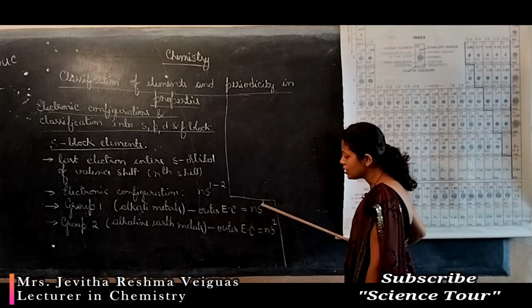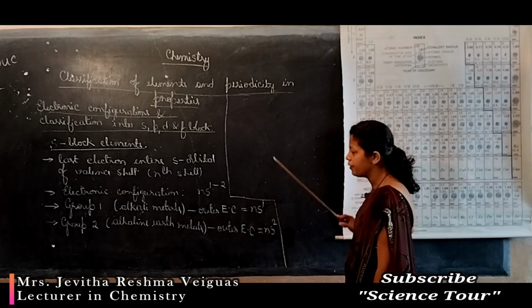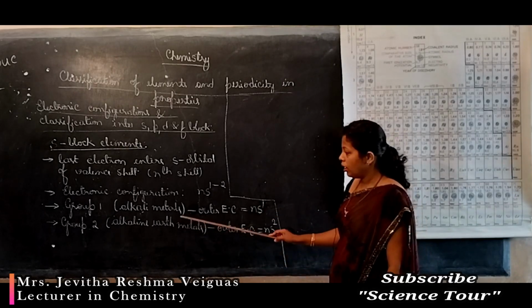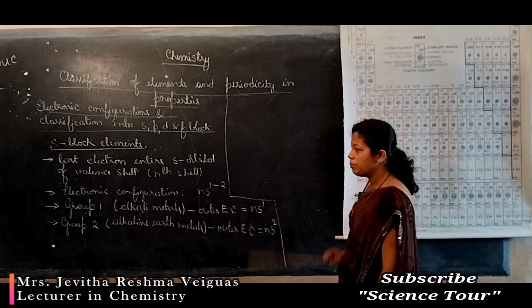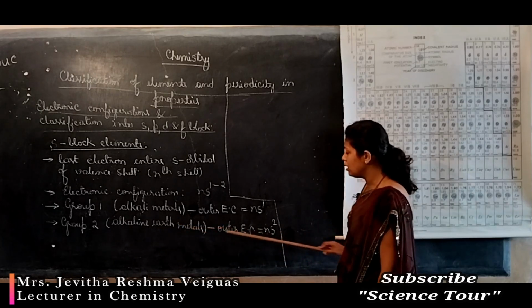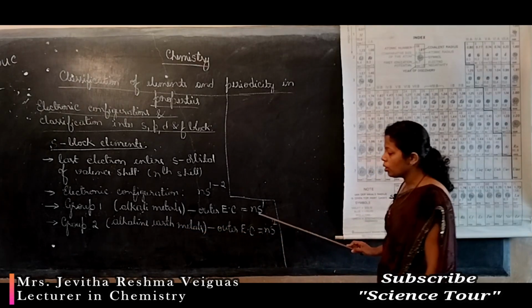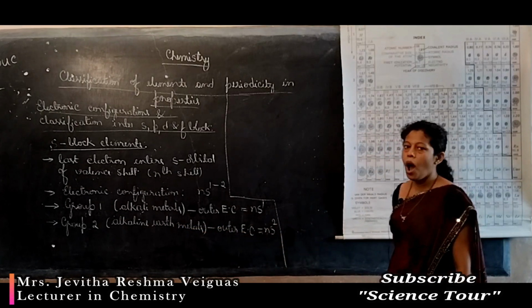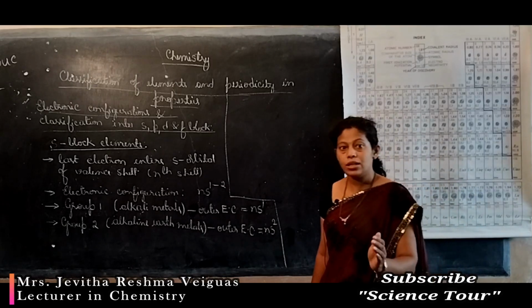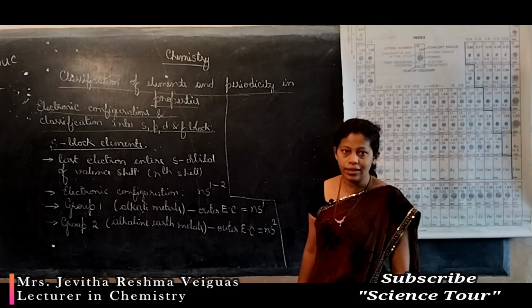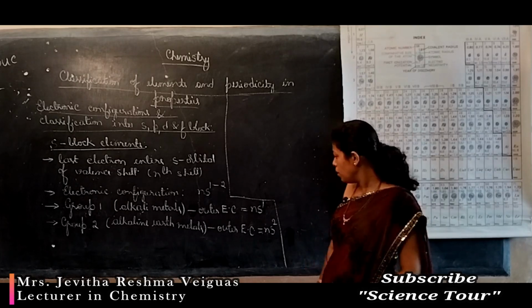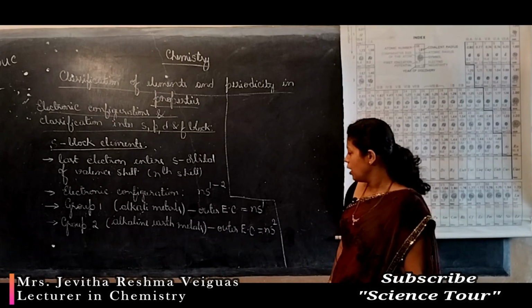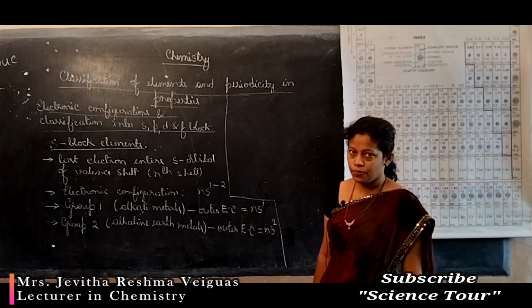Because here last electron enters S orbital of the valence shell. They are either alkali metals or alkaline earth metals with electronic configuration ns1 or ns2. ns1 is the electronic configuration of alkali metals. ns2 is the electronic configuration of alkaline earth metals.